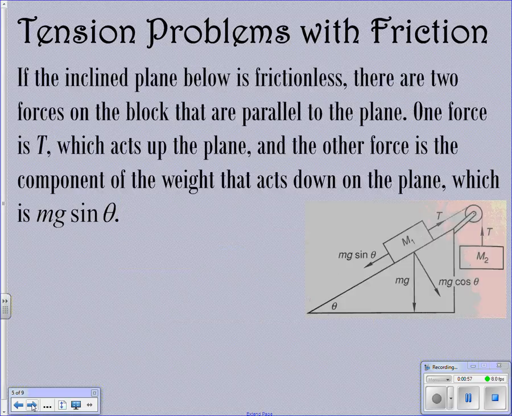We also dealt with ones on an inclined plane where we had no friction. And so we had two different forces acting on our block M1.